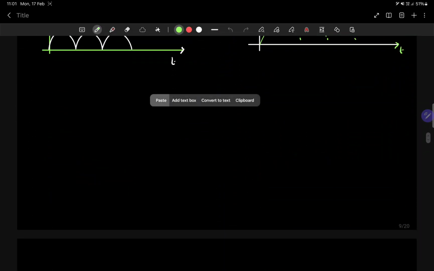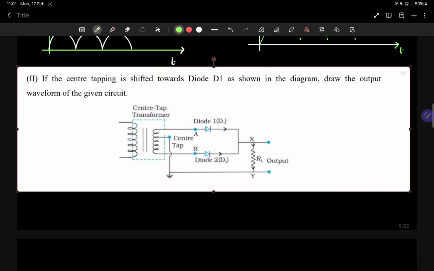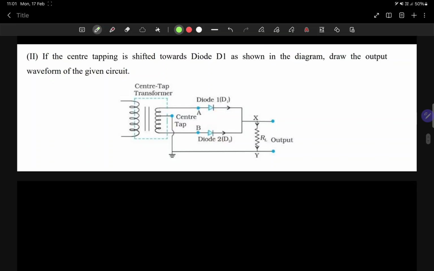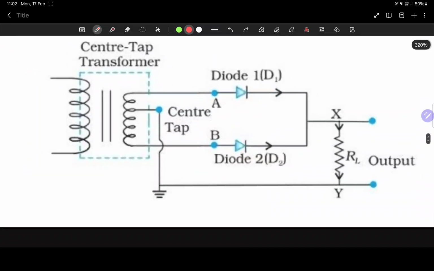Then in the second bit, it is given: if the center tapping is shifted towards diode D1 as shown in the figure, this is your diode D1, this is diode D2, and this is your center tap. If it is shifted towards D1, draw the output waveforms of the given circuit. Now see the figure properly.